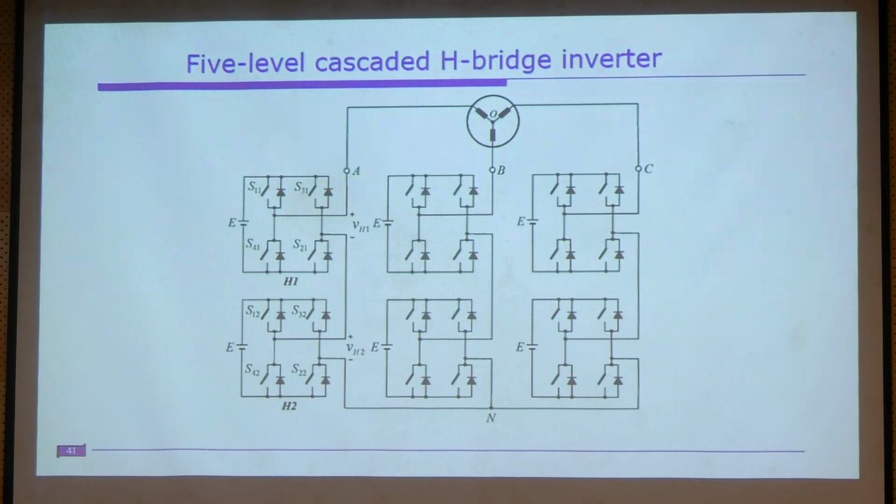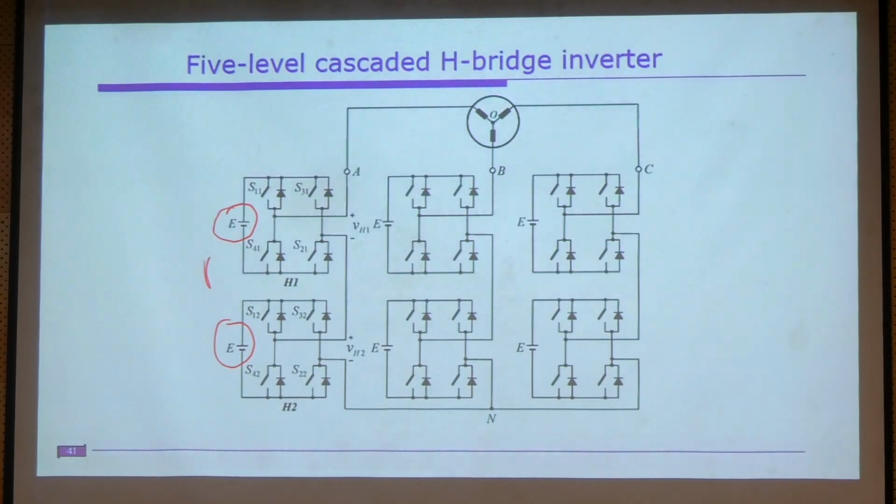Clear? So this is known as the cascade H-bridge inverter, right? Here we require isolated DC sources. That means this source and this source should not interact with each other directly. Depending on the application, if it is a STATCOM, we have capacitors.